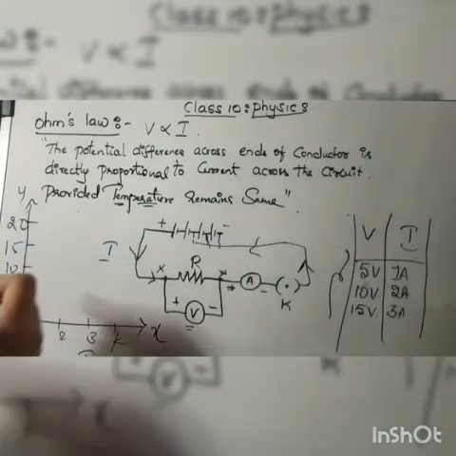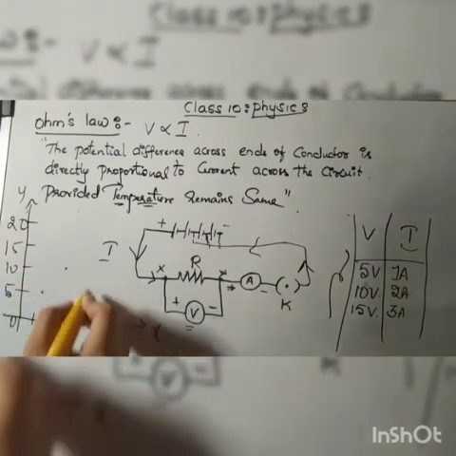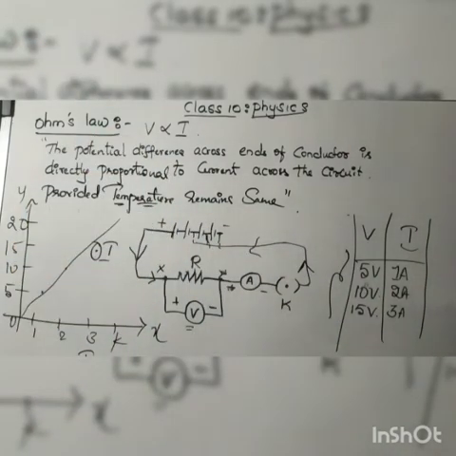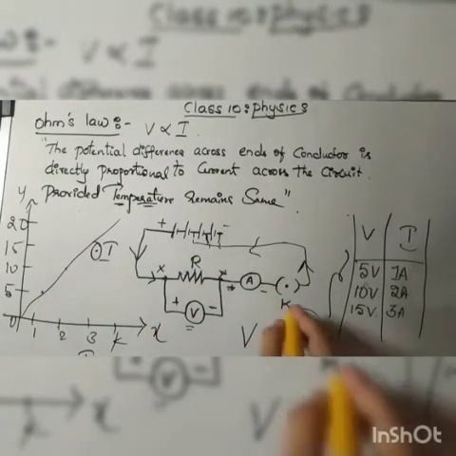So for 1 ampere 5 volt, for 2 ampere 10 volt, and for 3 ampere 15 volt. When the current increases, the potential difference also increases. This is the graph which verifies Ohm's law.